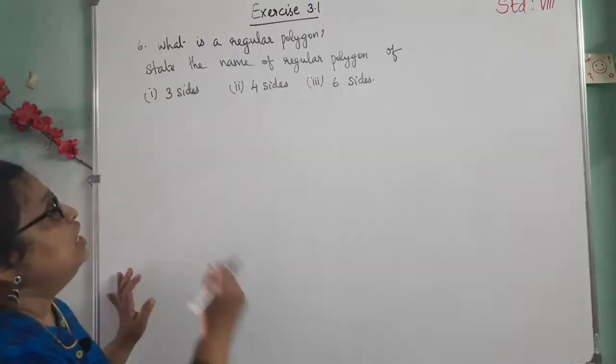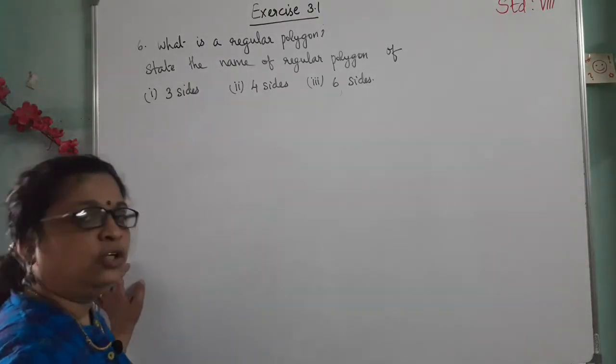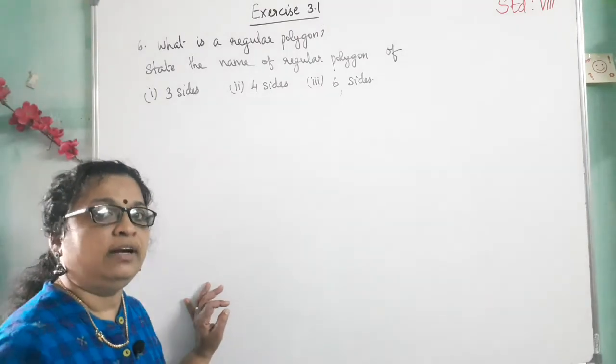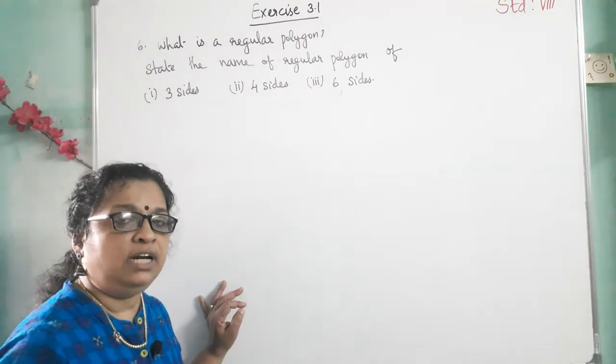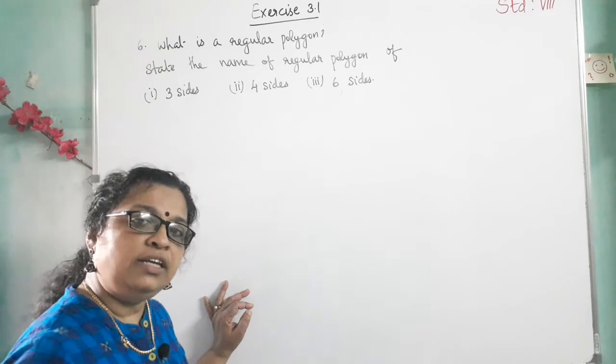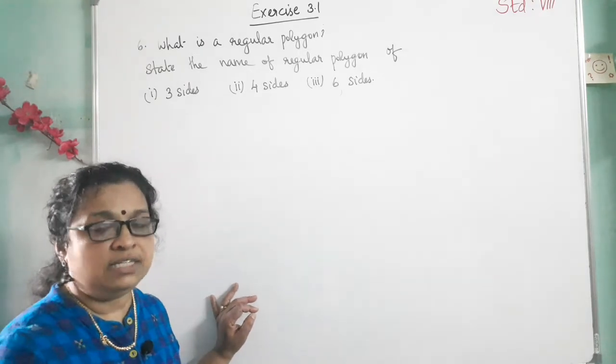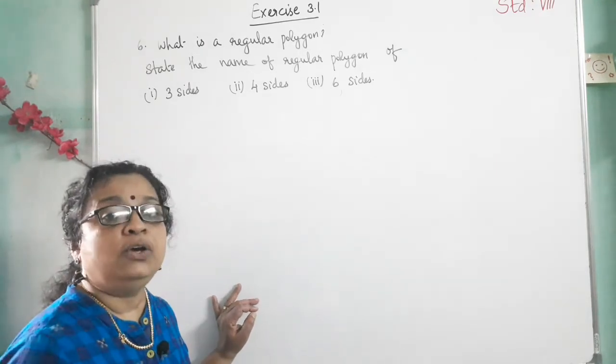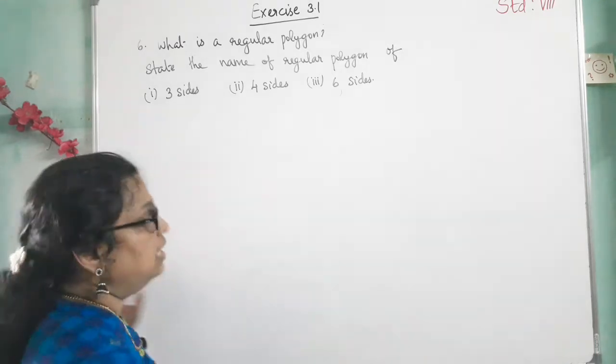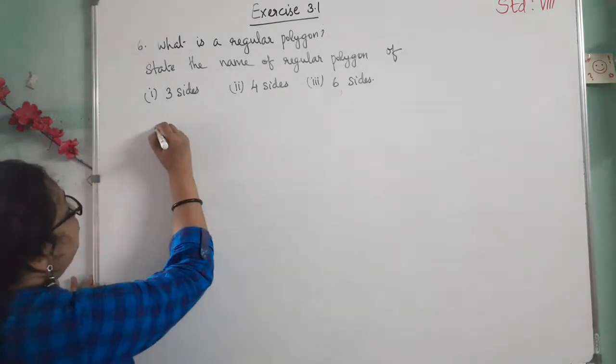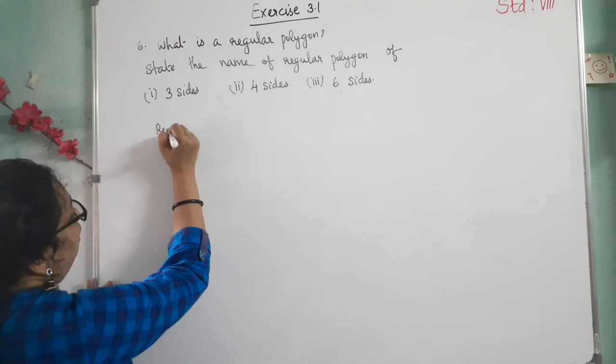Sixth question, what is a regular polygon? You know what a regular polygon is. That is a polygon which is equilateral and equiangular. Equilateral means all the sides are equal. Equiangular means all the angles are equal.